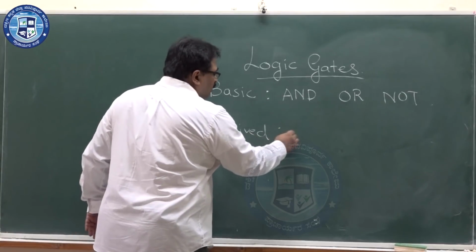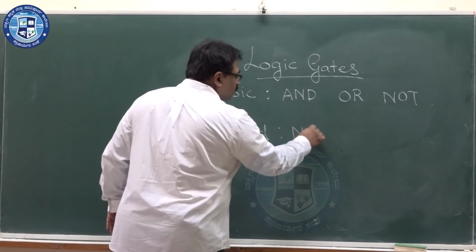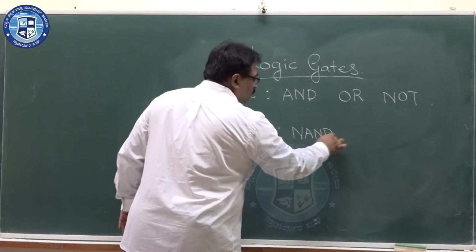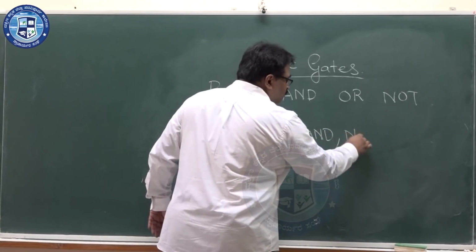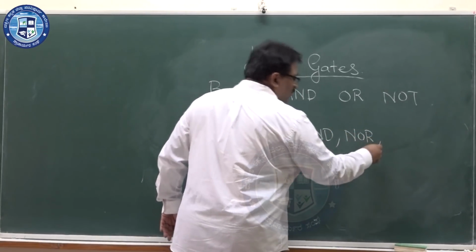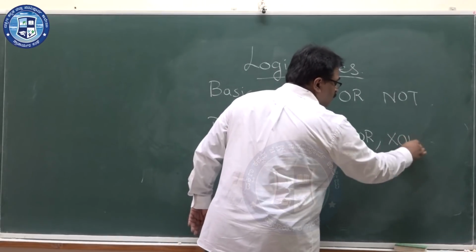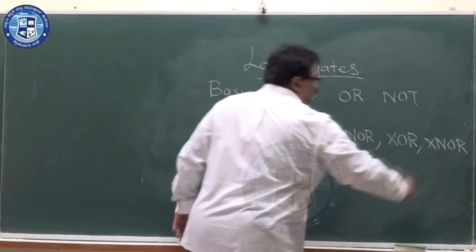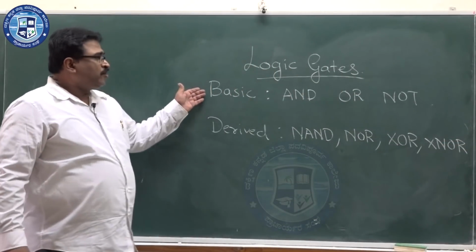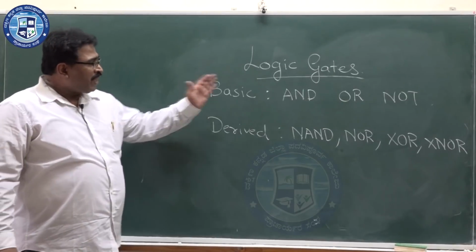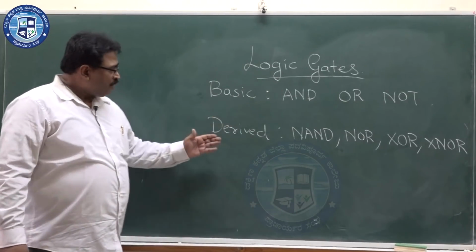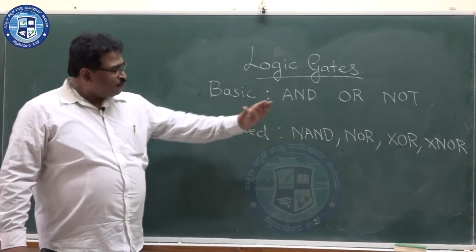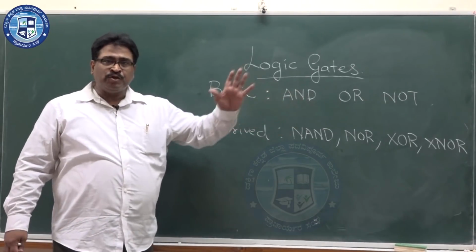The derived gates are NAND, NOR, XOR and XNOR gate. So you can see here you have basic gates AND, OR, NOT. You have derived gates NAND, NOR, XOR, XNOR.